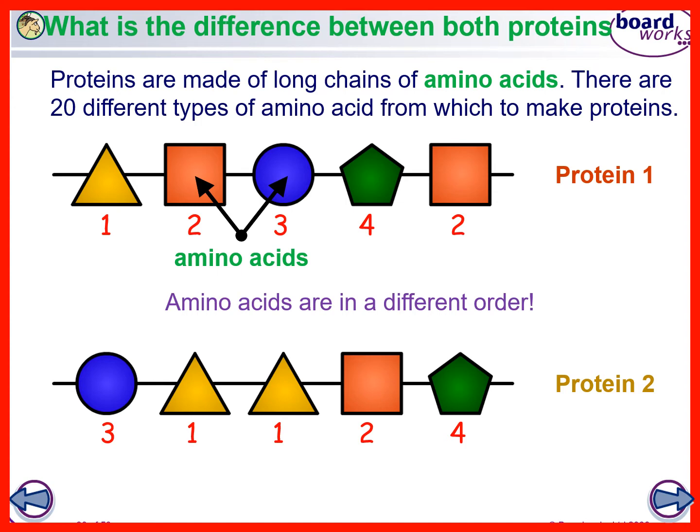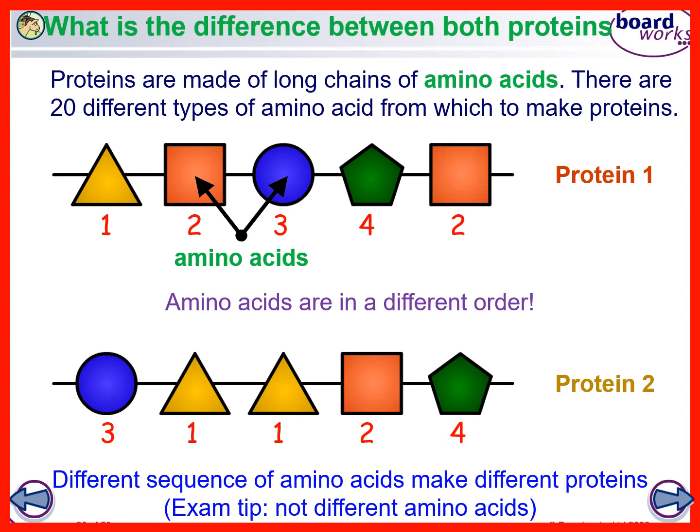So you could use the same amino acids, it's just the sequence in which you put these amino acids in order that is different. And how you determine that is instructed through the genetic code. In other words, the information in the DNA will tell you which amino acid to put first and which to put second, and so on. The different sequence of amino acids makes different proteins.